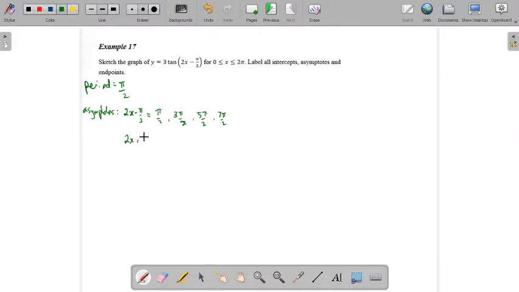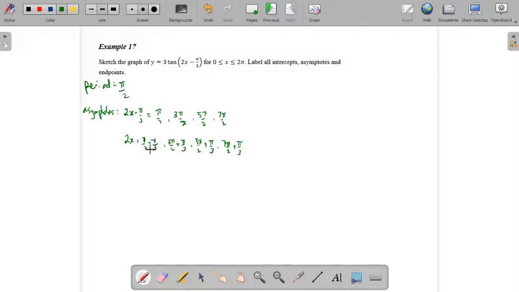So 2x equals pi on 2 plus pi on 3. Okay, so now we've got different denominators here. You could just, on your calculator if you like, ignoring the pi, do 1/2 plus 1/3 and add them together.